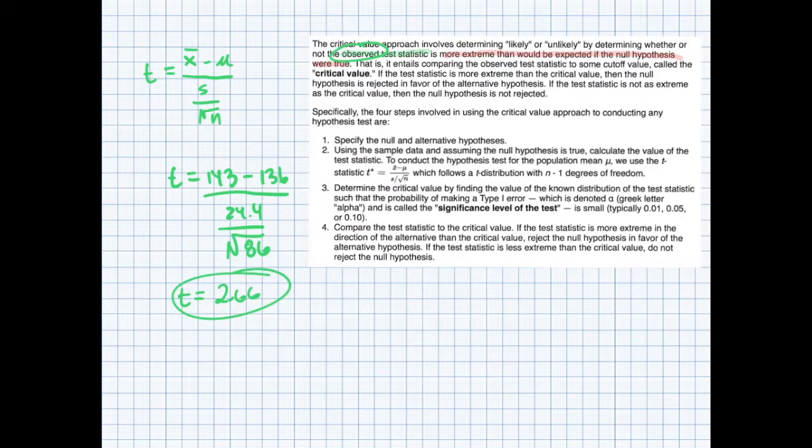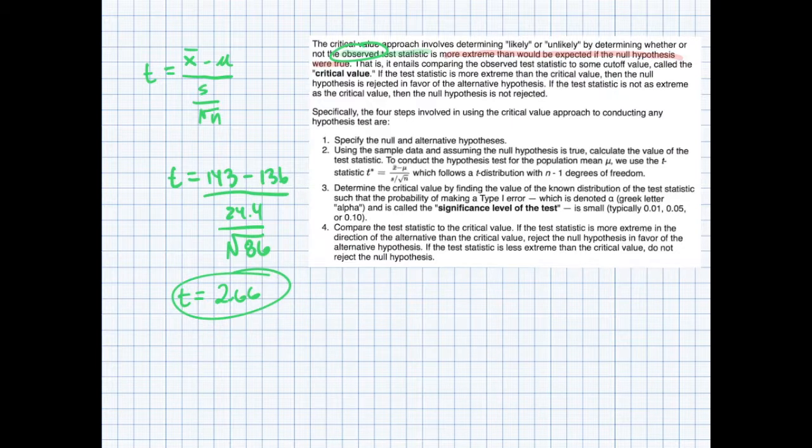Okay, so we're trying to determine if the test statistic is more extreme than would be expected if the null hypothesis were true. So we need to compare this test statistic to something to determine if it's more extreme or not. That's where the t-critical value comes in.